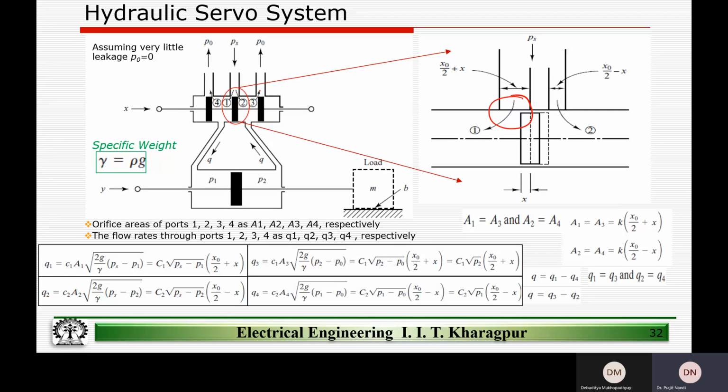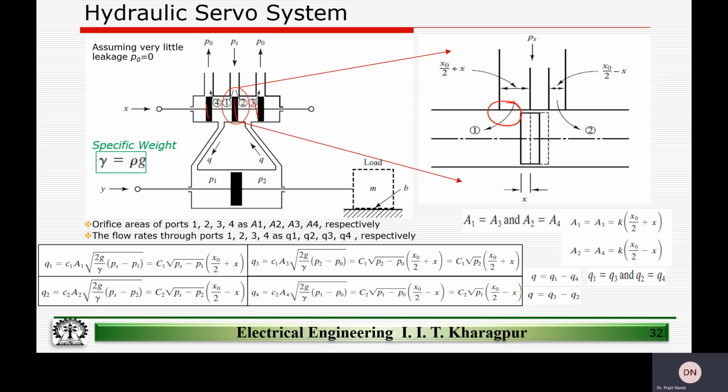These two ports are symmetrical. Since the volume of the liquid is remaining constant, the amount of fluid entering port 1 is the same amount of fluid leaving through port 3, because port 1 and port 3 have equal area, as these are all solidly coupled.